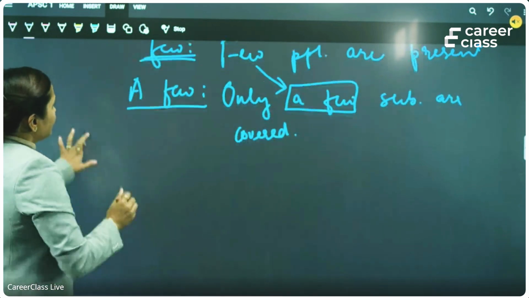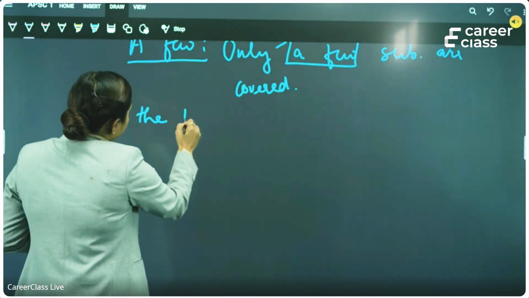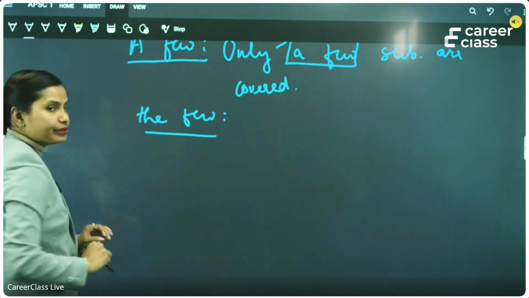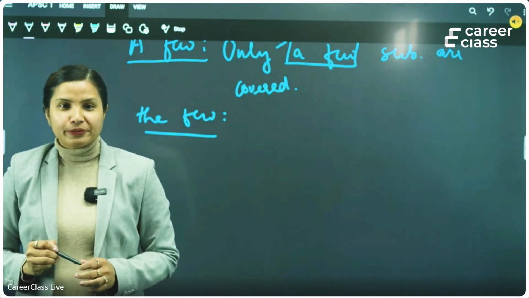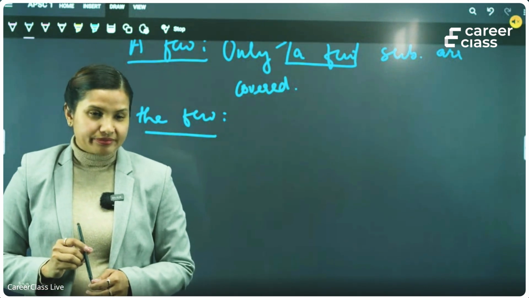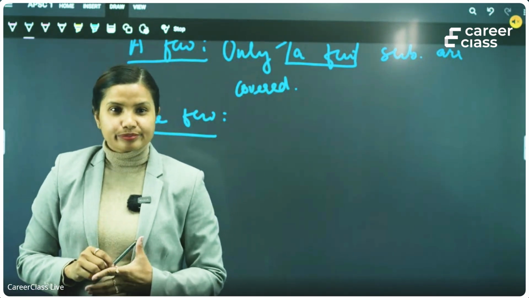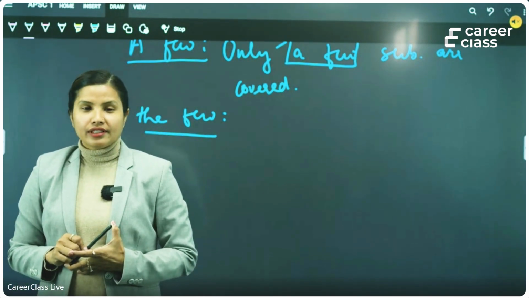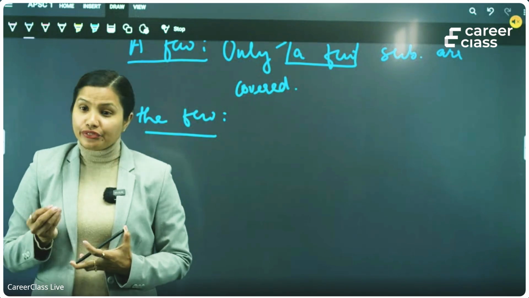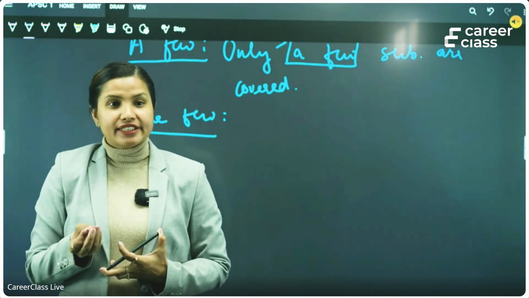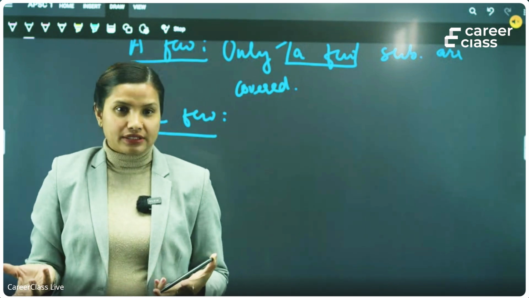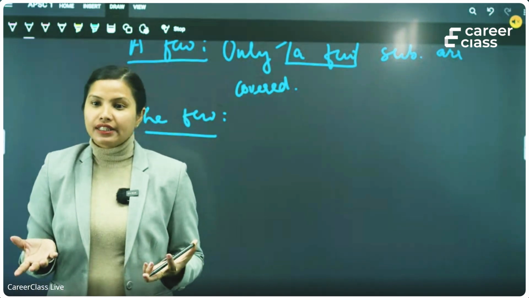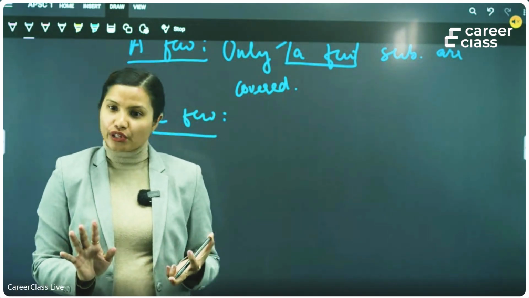Okay, and the few, can you give me an example with the few? The few apples that were left were found to be rotten. Whatever little had remained was rotten.